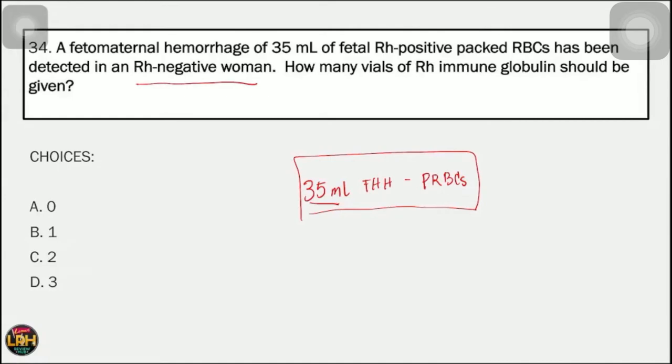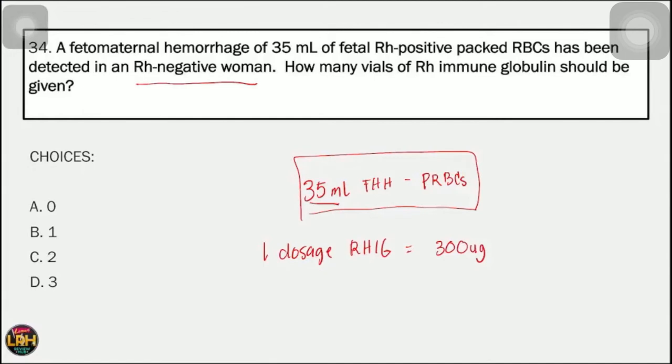Earlier, we used the 30 ml value. In one dosage of RHIG, that is actually equivalent to 300 microgram.